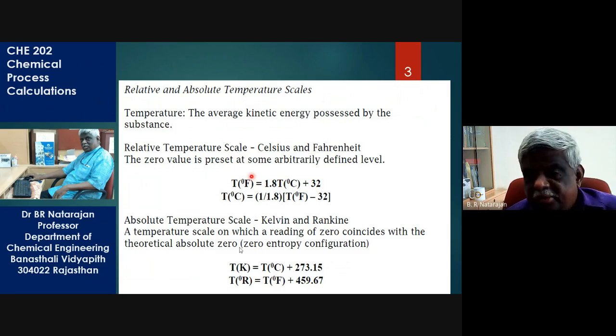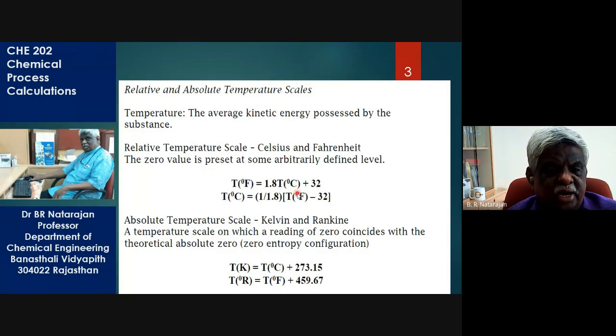In the relative temperature scales you have Celsius and Fahrenheit, where the zero value is preset at 0 degree C, some arbitrarily defined level. The conversion for Fahrenheit and centigrade is well known: degree Fahrenheit is 1.8 times degree centigrade plus 32.